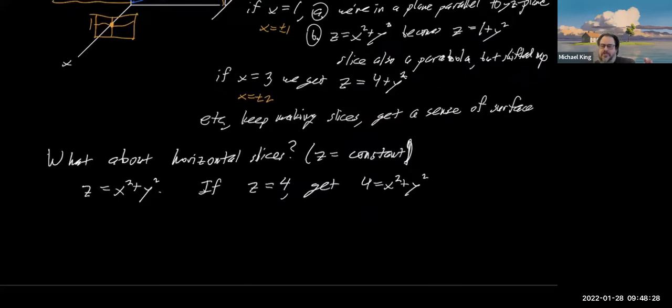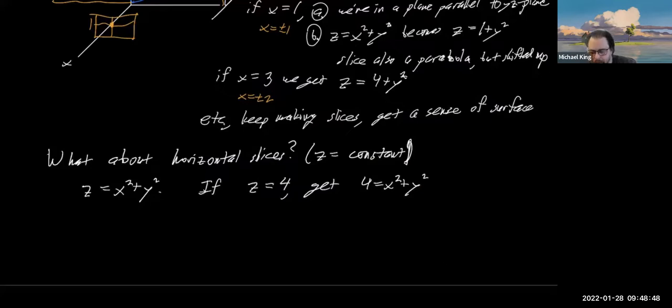And you think about the bowl shape, if you slice it horizontally, what are the slices going to look like now? I slice a bowl horizontally. Circles. So in fact, that's exactly what this is, right? This is an equation of a circle of radius 2.